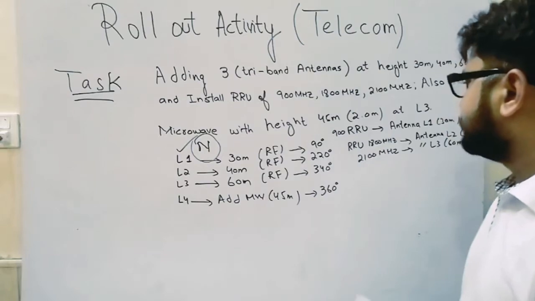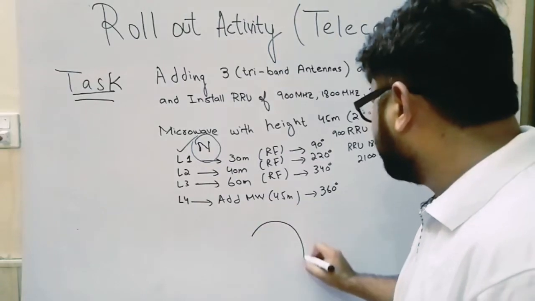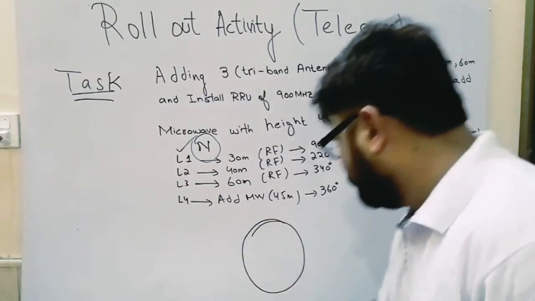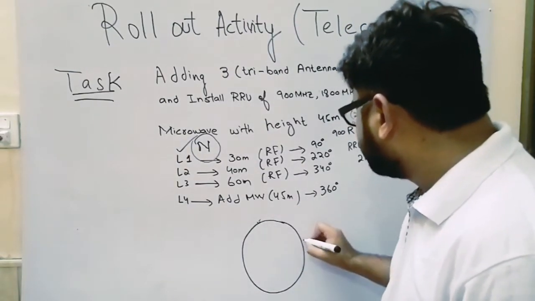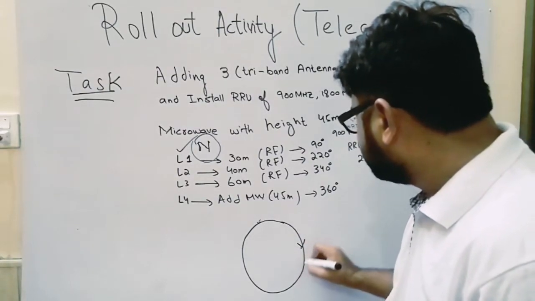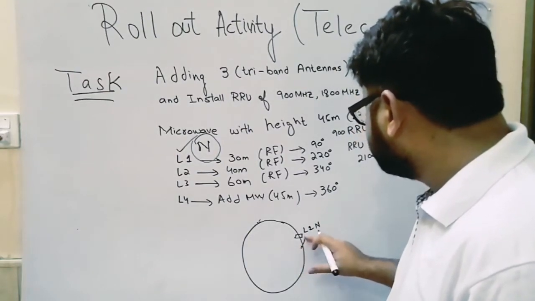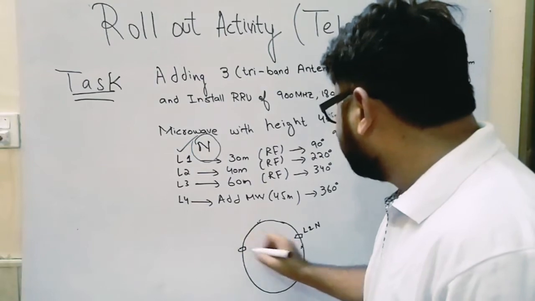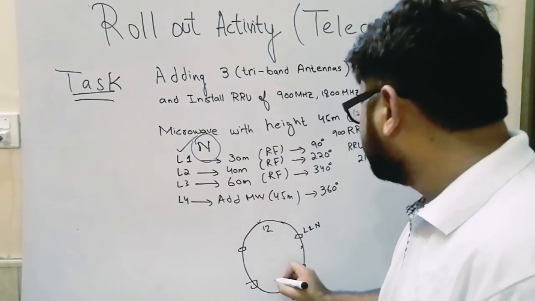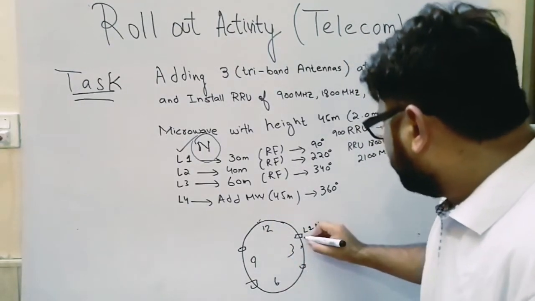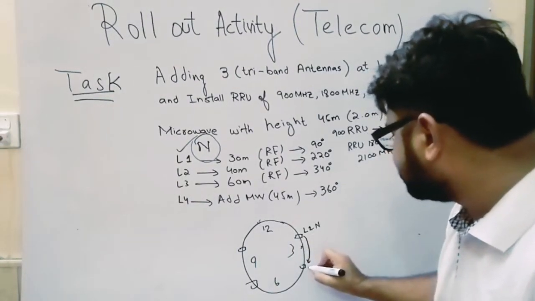So from the north direction, leg 1, and the next leg 2. Suppose this is leg 1 in the north direction, and for the next leg, move from here in the clockwise direction.